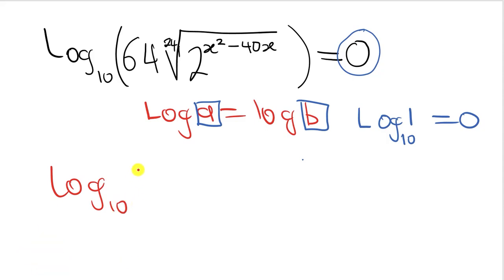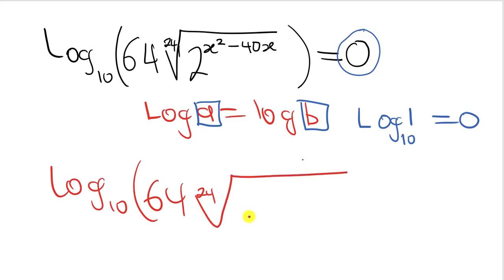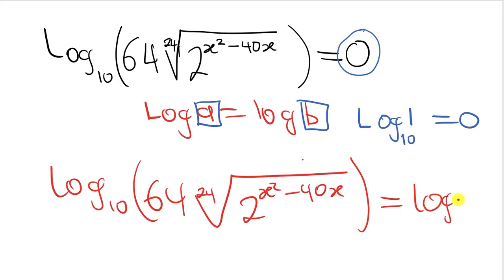So in that case, we are going to have log to the base 10 of 64 times the 24th root of 2 exponent x squared minus 40x, bracket close, all being equal to log 1 to the base 10.